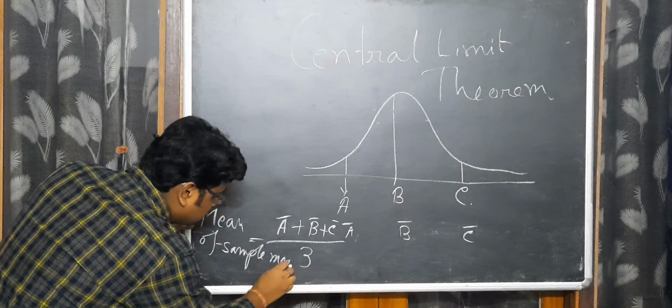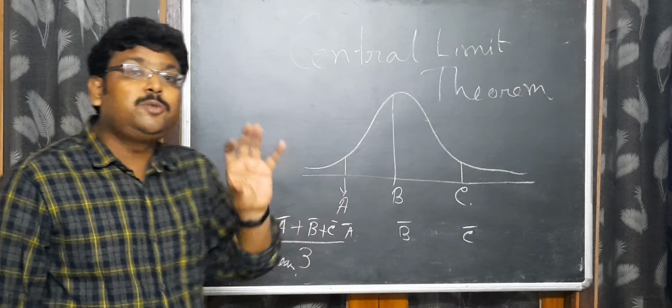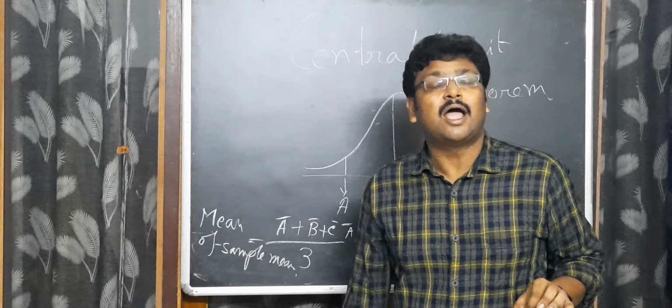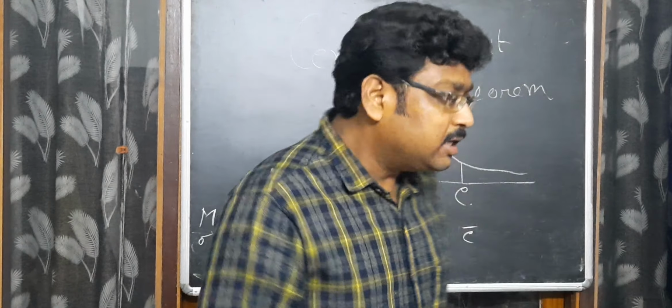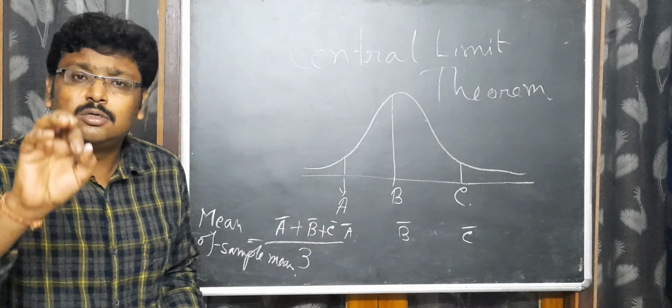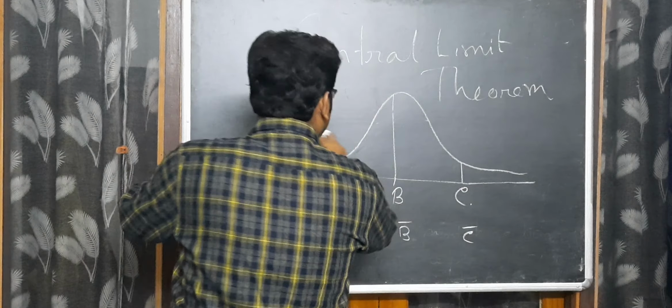The mean of the sample means should be equal to the population mean. This is the fundamental idea of the central limit theorem. There are 4 theorems.